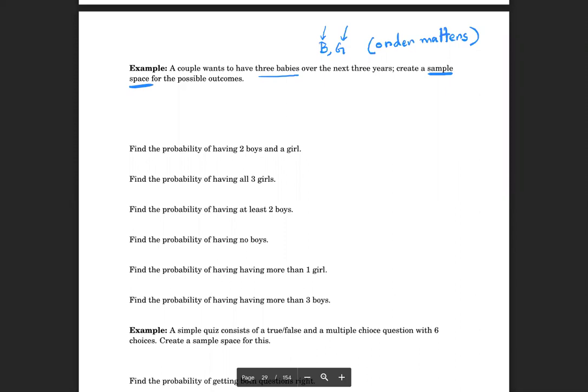So any other suggestion from anybody? What do you mean by the question? Because for the sample space, that is when you list the probability, right? List the outcomes, not the probabilities. List the simple events. Yes. Okay.